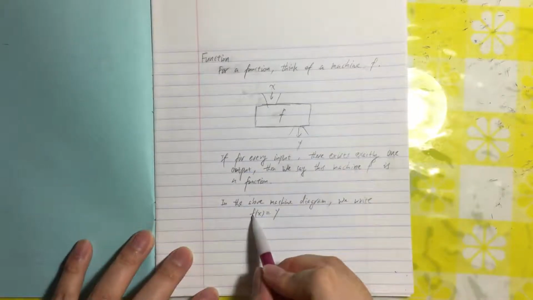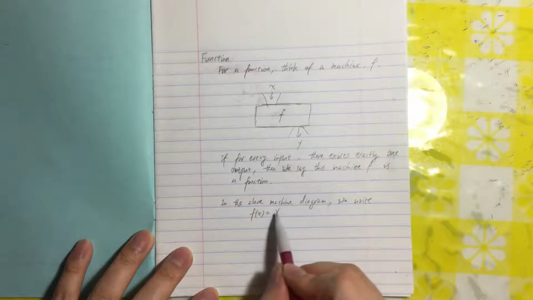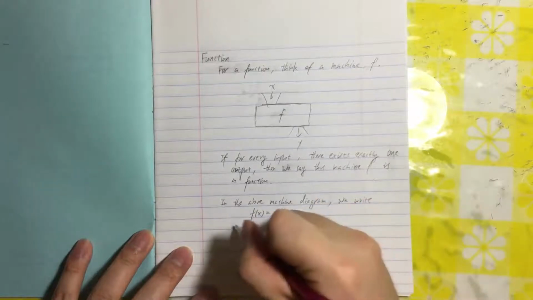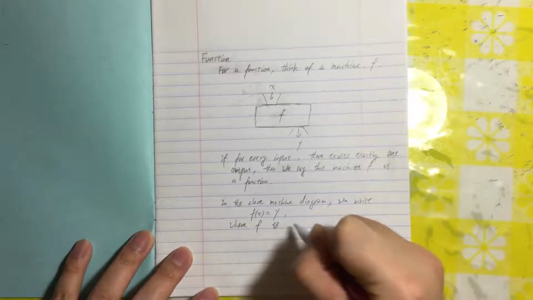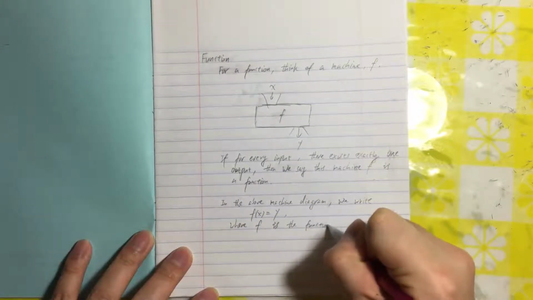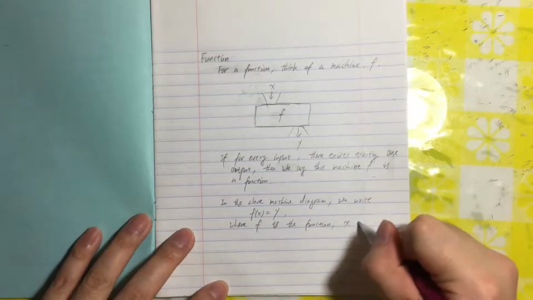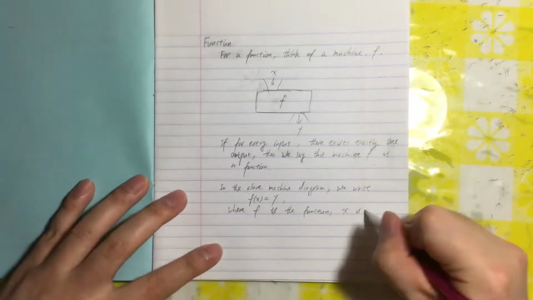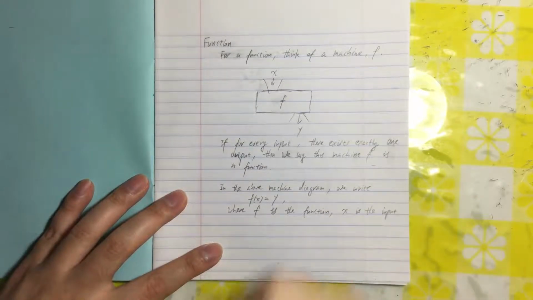This is read f of x. We write f of x equal to y, where f is a function. X is the input, f is a function. What's in the parentheses is the input. And y is the output.